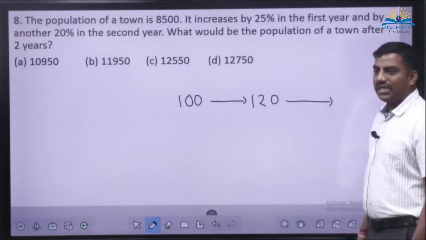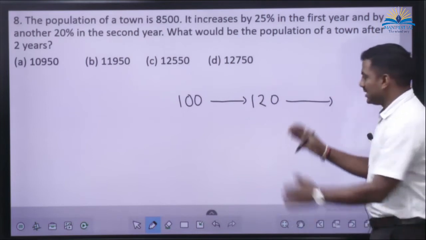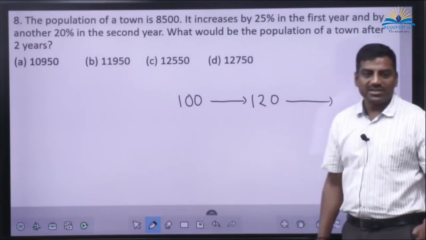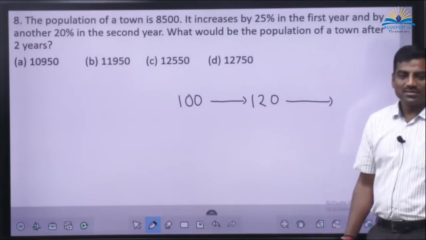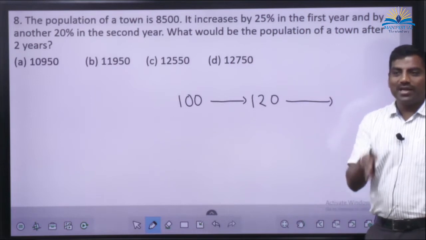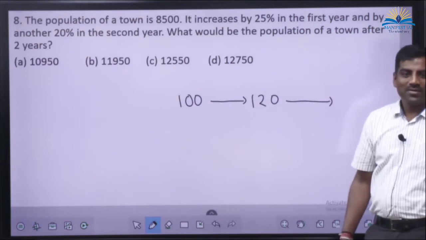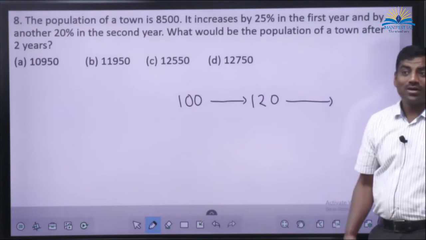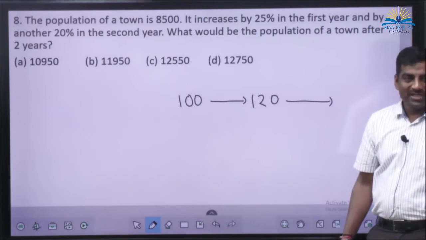Again, it is increasing by 20%. How do you make it? Here people are adding 20, no? What is that 24? 20% of the population, correct?